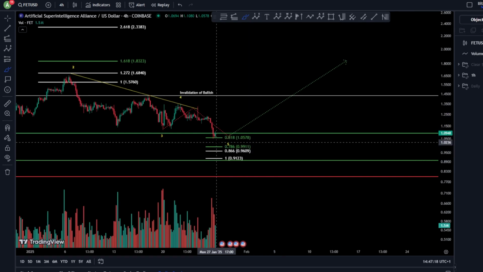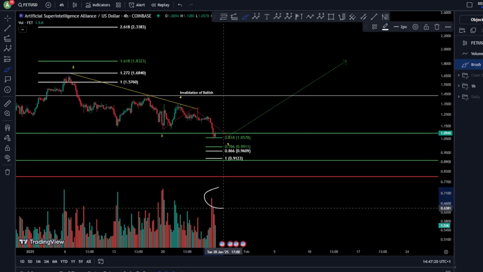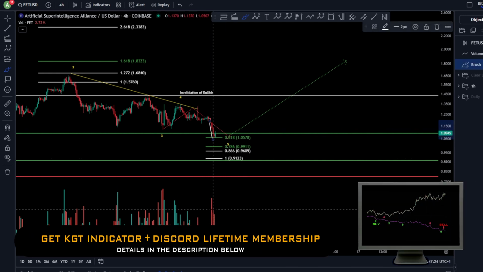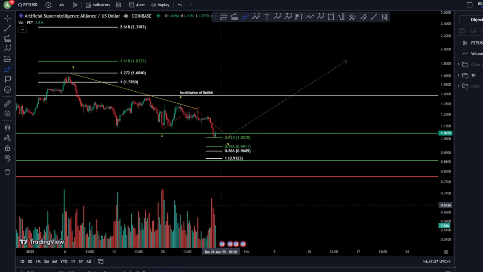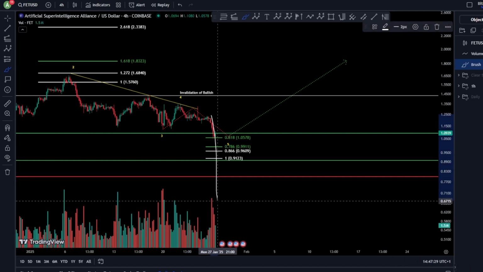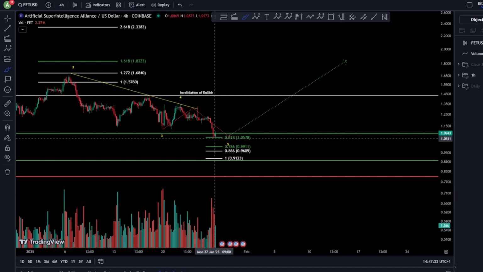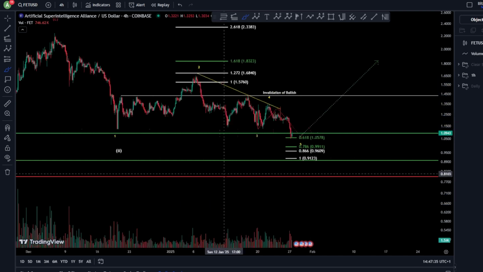Now we have started to see some retracement. We saw a high amount of volume, signaling that this might be your finished structure. And when you see high volume, it doesn't mean that a lot of volume is increasing toward the downside. It might mean the opposite sometimes, moving toward higher prices.